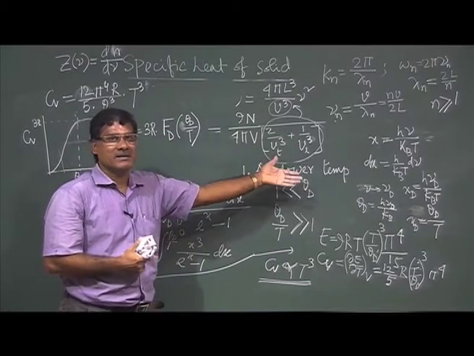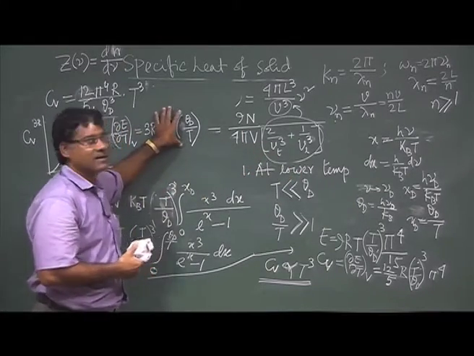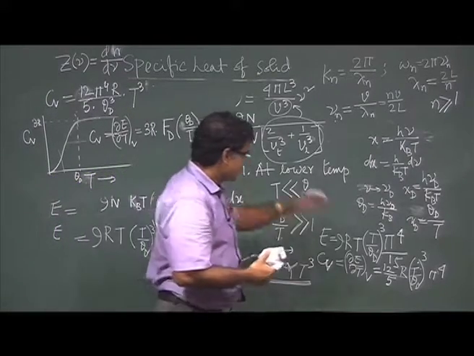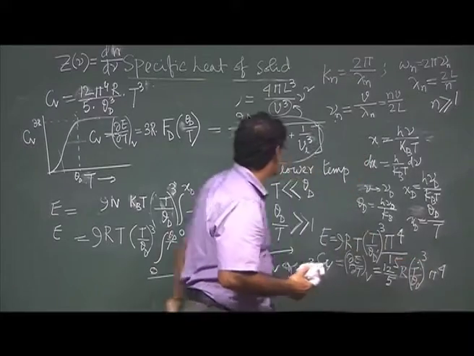At the higher temperature limit it becomes 1, and at the lower temperature limit you can see it will be in this form.